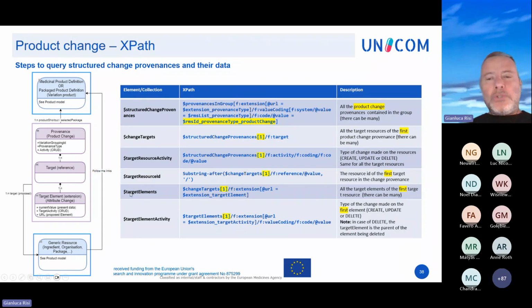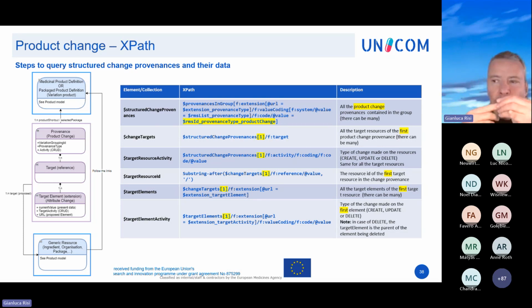And then if I want to know all the elements of these products that are being changed, I need to query the extension whose URL is target element. So I will take all the changes of this concrete product. In the example we saw, there were 3 changes for the second of the products. So if I run this query on this product, I will get 3 entries.